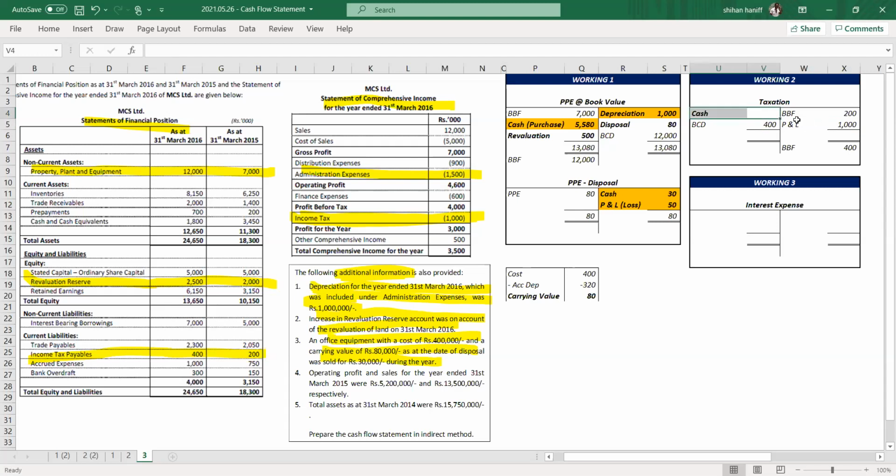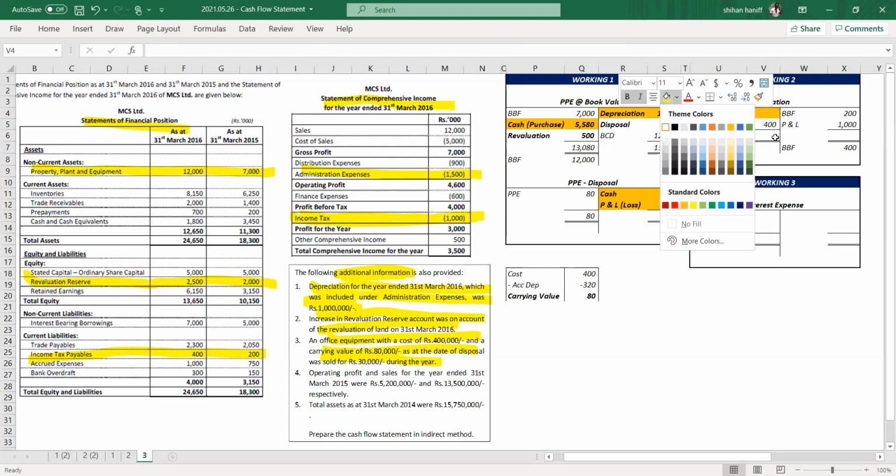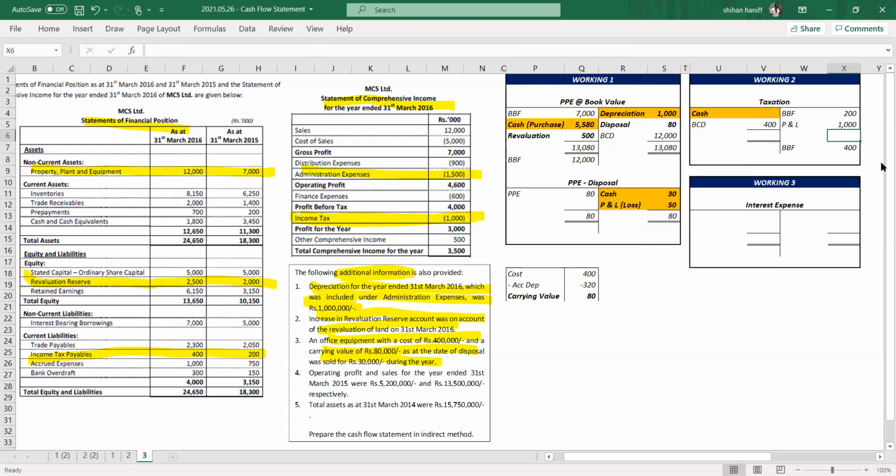So the difference is cash. 1,200 minus 400 is 800. So that's the tax paid.